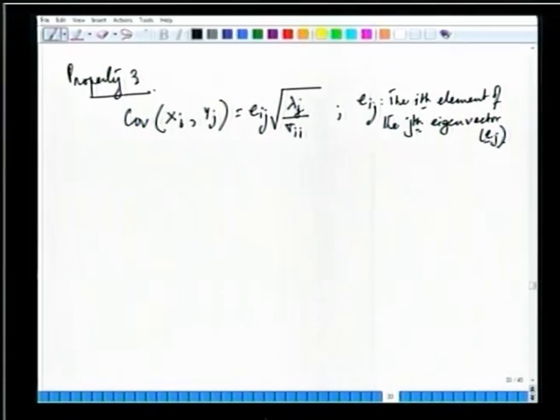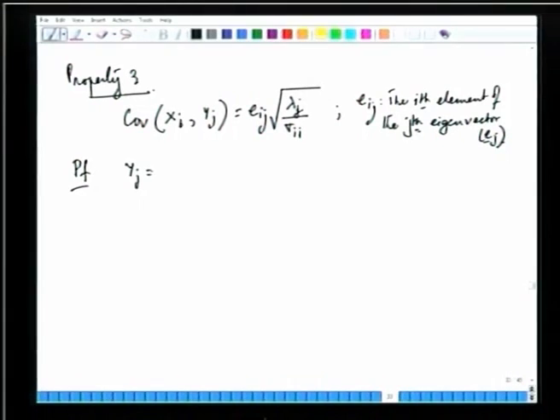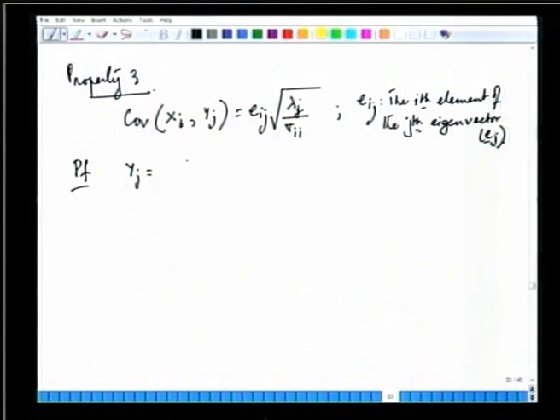So again we start from the form of the principal component yj. Let us try to express it in terms of x, then we are able to use the known results. yj is nothing but Ej transpose x. This is true for all j from 1 to p.